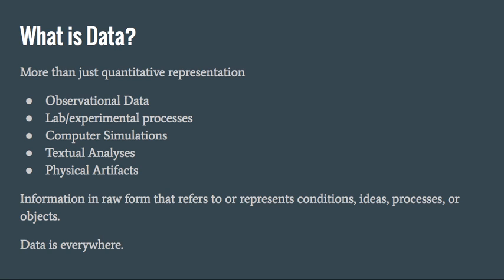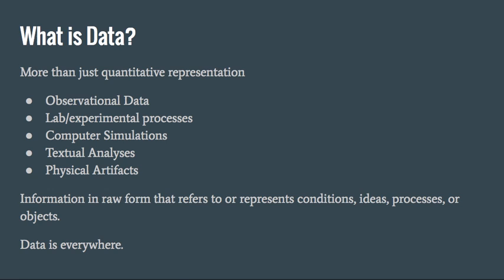Data can come from a lab or an experiment of some kind. Data can come from large-scale or small-scale computer simulations where we run something through a program and then figure out what the output is, and then we have some new information we didn't have before.